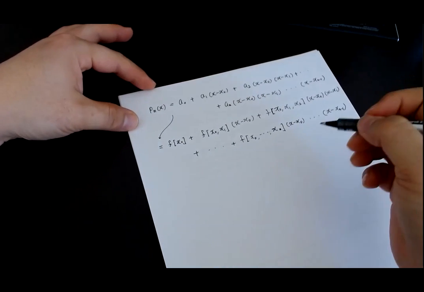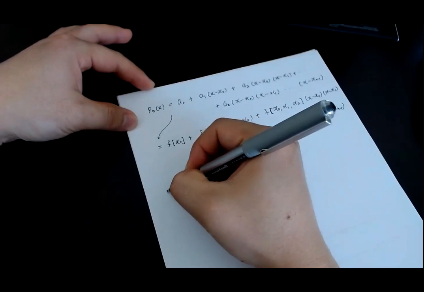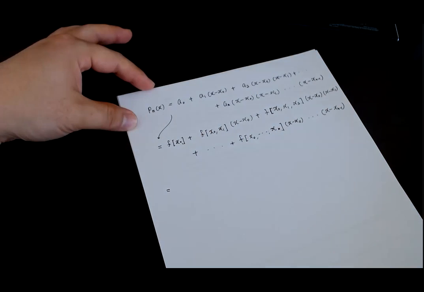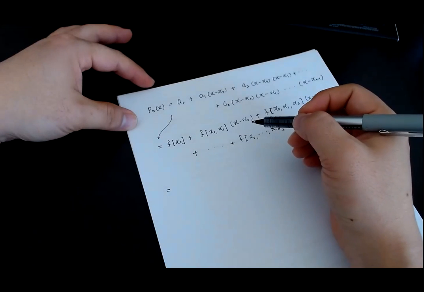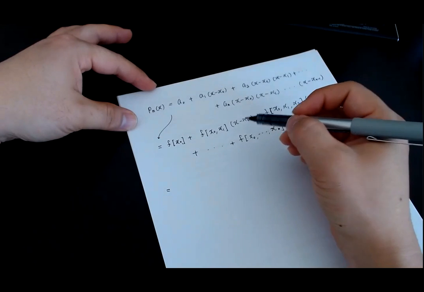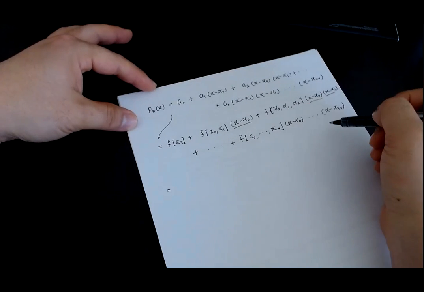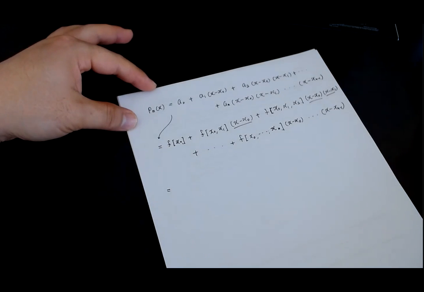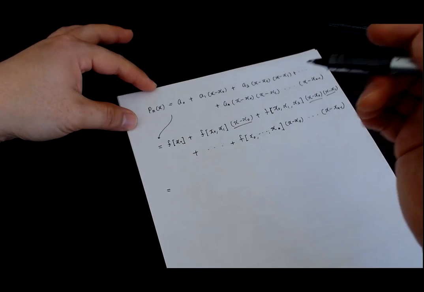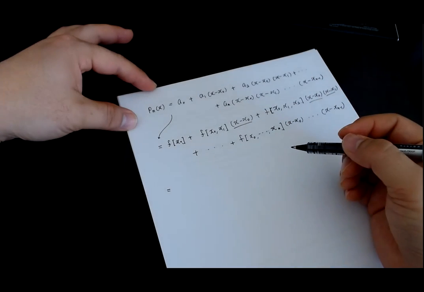Now we're going to replace x minus x0, x minus x1, all the binomials, by s minus i times h, because x minus xi was s minus i times h.